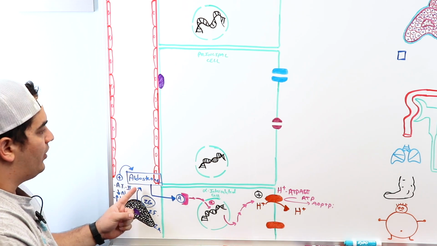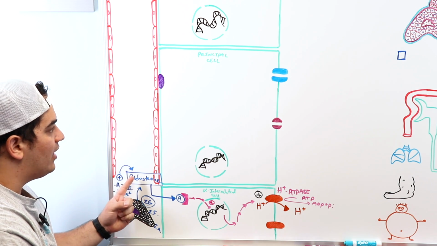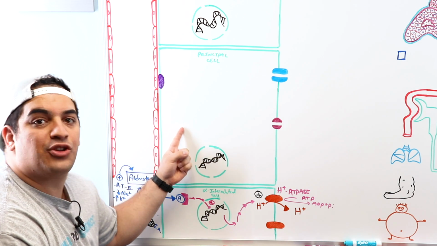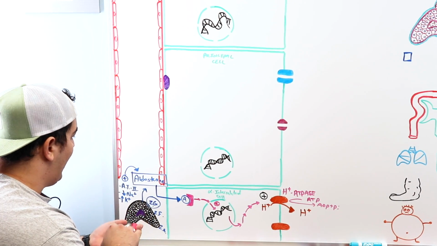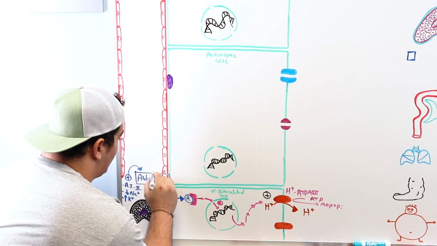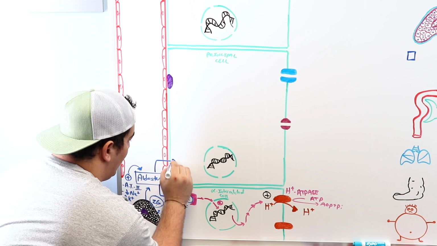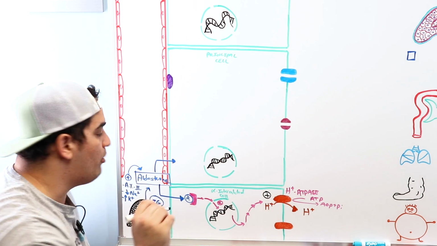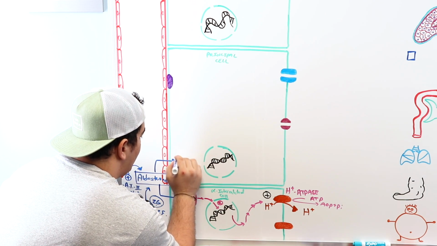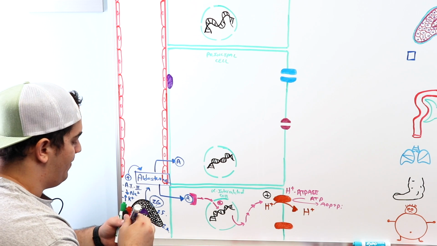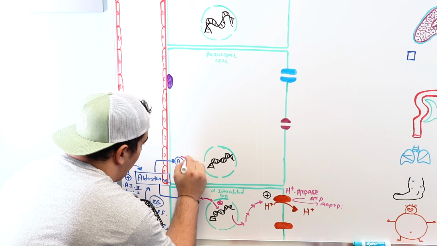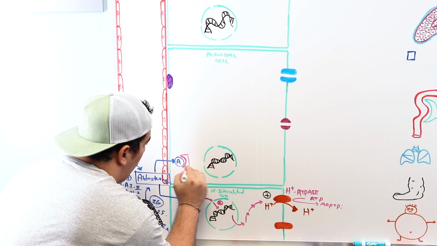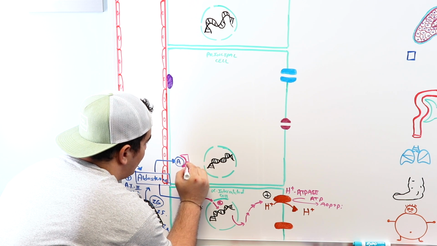The next thing we have to talk about is how aldosterone affects the electrolyte and water balance. So, aldosterone, how does it work? It comes into the cell because it is a steroid hormone. Once it comes into the cell, here's our beautiful, cute little aldosterone. It binds onto an intracellular receptor.